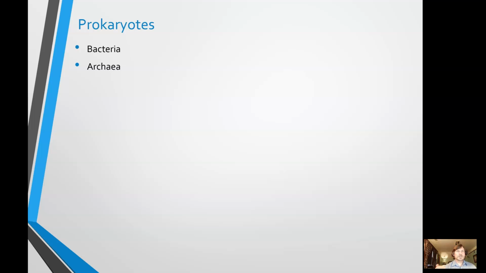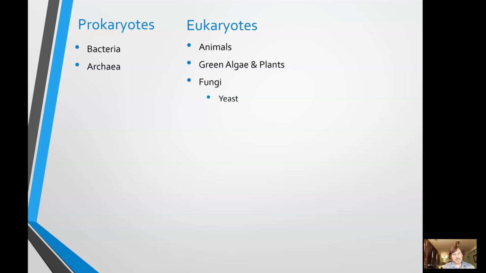In terms of eukaryotes, basically everything you can see with your naked eye is a eukaryote. Of course, it includes the animal kingdom, green algae and plants, and red algae, making a big domain or supergroup or kingdom, the Archaeplastida, but all the plants. The fungi, including yeasts that we'll talk about, are all a kingdom.